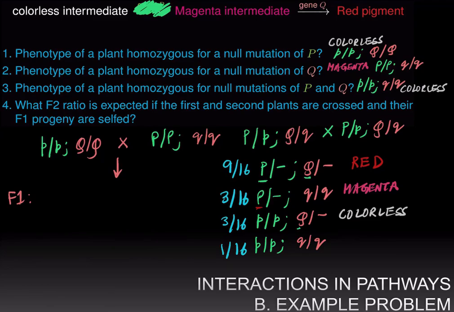And the last individual is homozygous for the mutant alleles of both the genes, and therefore both the steps in the pathway are going to be blocked.